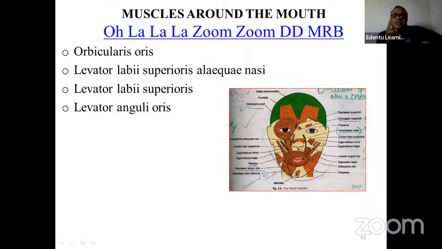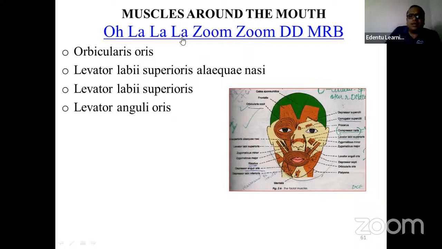All the students who have studied this mnemonic under me say that, sir, this is one of the easiest and we love it. You will be able to tell all the names of the muscles around the mouth. Ooh, la la la, 3 times la. You can put a slash: zoom zoom, slash, DD, slash, MRB. The slash means the parts I am breaking it into.